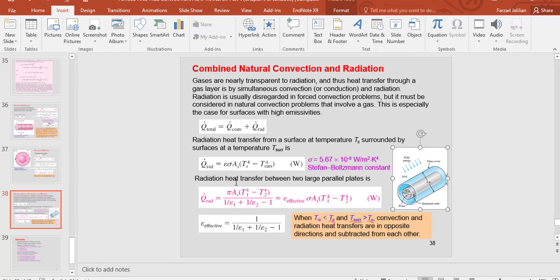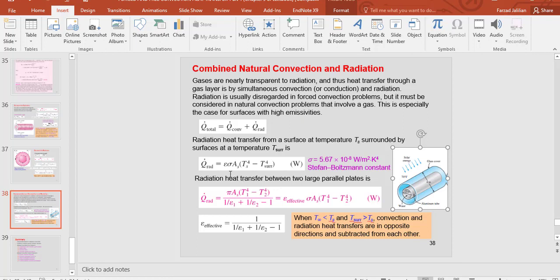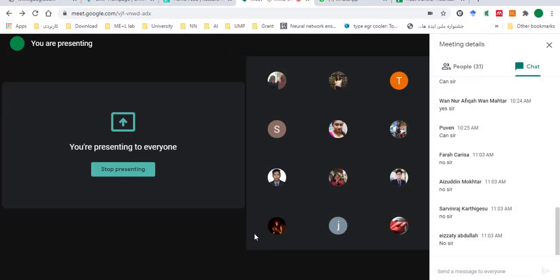Then for two parallel plates, we can use this equation to find the rate of heat transfer. So this is a general equation to find the rate of heat transfer for a surface with its surface and surrounding temperatures.